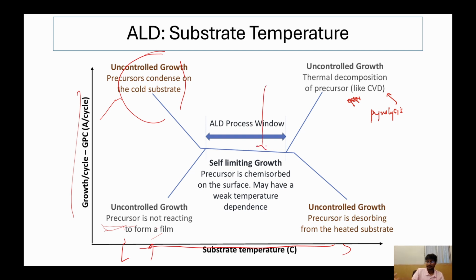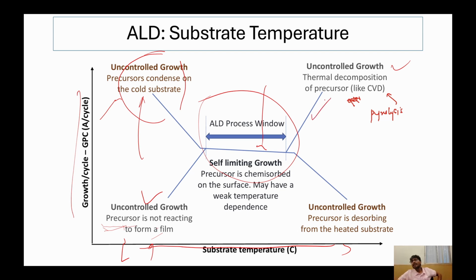And this is the region where the precursor will start reacting at the substrate. This is also the temperature range for these kinds of precursors where no condensation is happening at the surface because of the low temperature. And another thing is the decomposition of the precursor at very high temperatures.